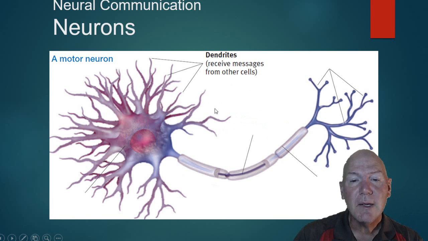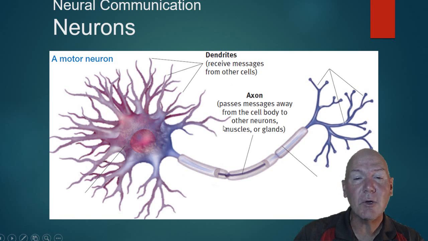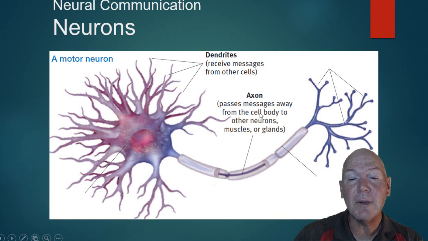Where the job is actually created, which is an electrical impulse which will flow down the neuron, is in the axon. The axon is this blue structure that runs underneath the white encasing in this diagram and all the way to the end. So it passes its message away from the cell body to the other neurons, muscles, or glands.